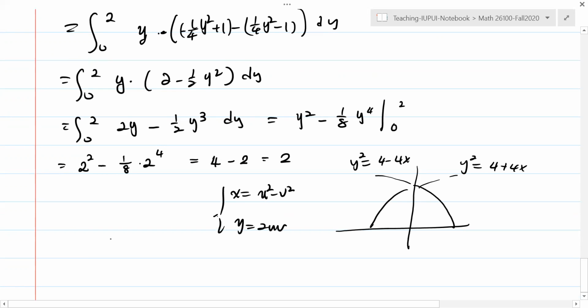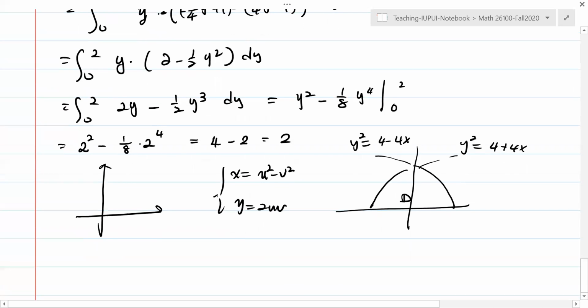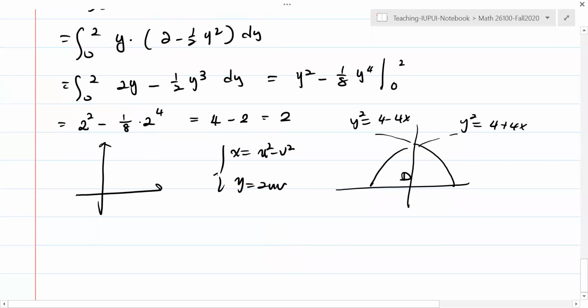Sometimes it's given. This is D. I want to figure out, under this transformation, what is the pre-image of that domain D? Can you figure out the domain D prime?